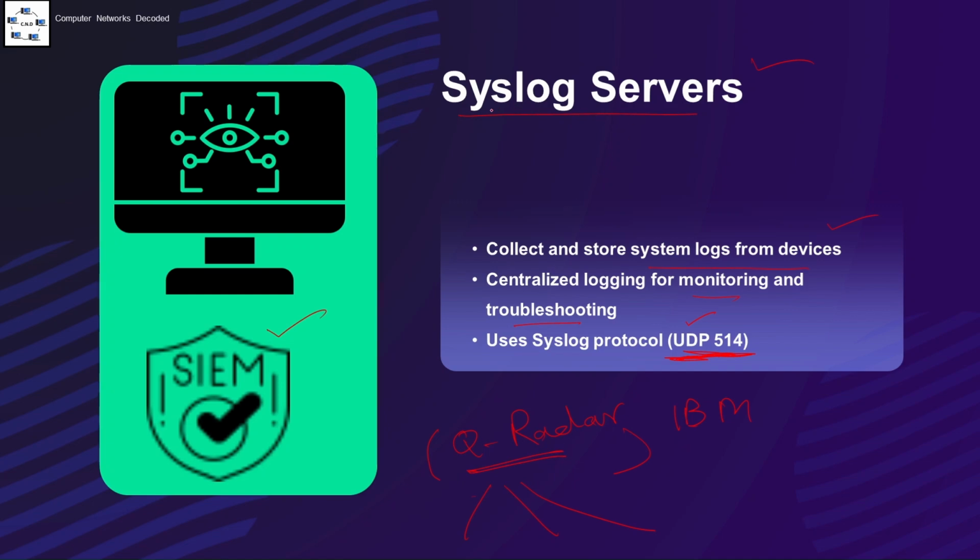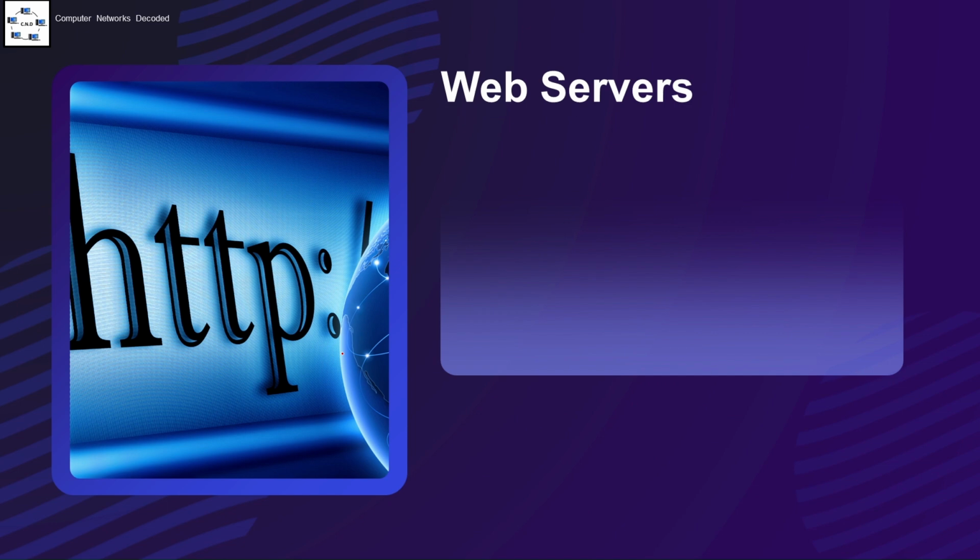So syslog server is a generic term, and QRadar from IBM is one of the syslog server solutions. Another popular solution is Splunk. IBM and Splunk are the industry leading solutions.